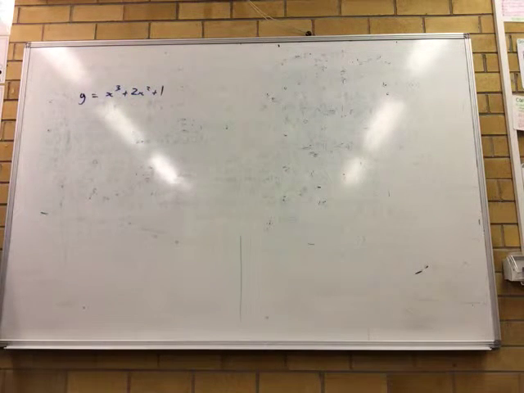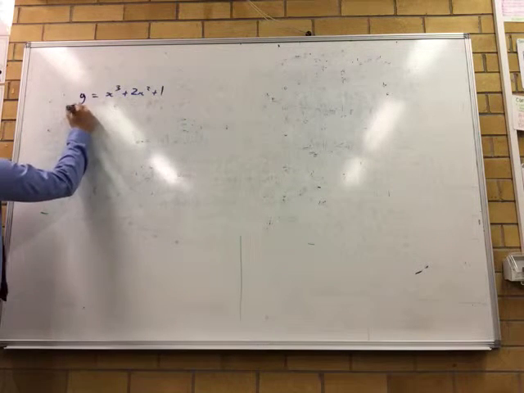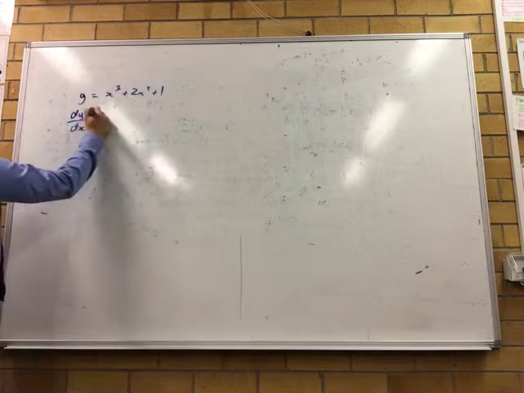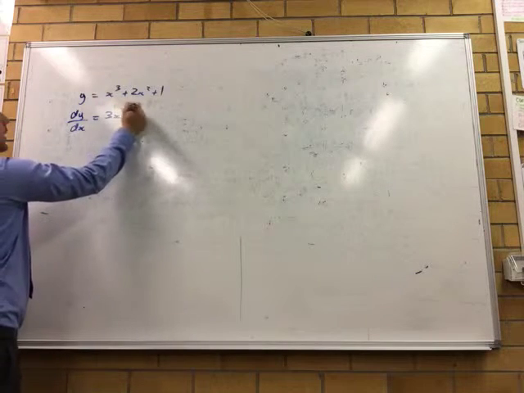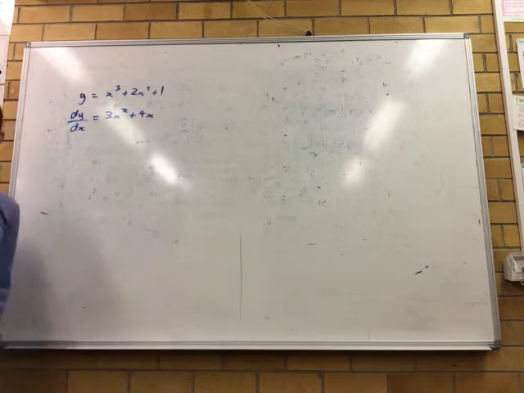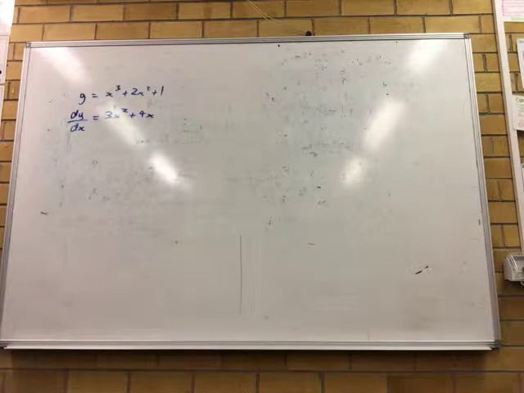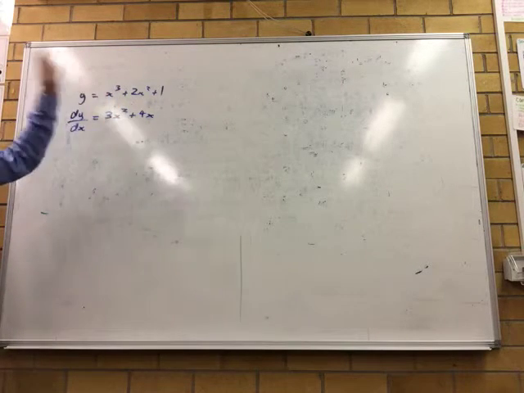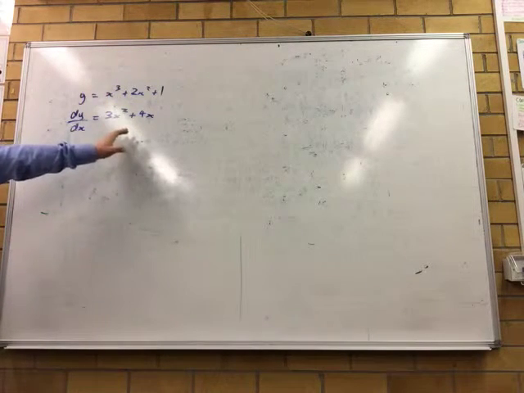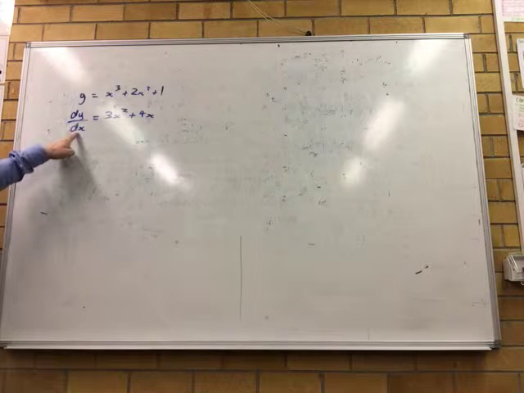So going back the other way, not integrating, we're going to differentiate. So dy over dx is going to be 3x squared plus 4x, which is not linear, because this is the equation to give you the gradient of the tangent. And that's what dy dx is, isn't it? It's the gradient.